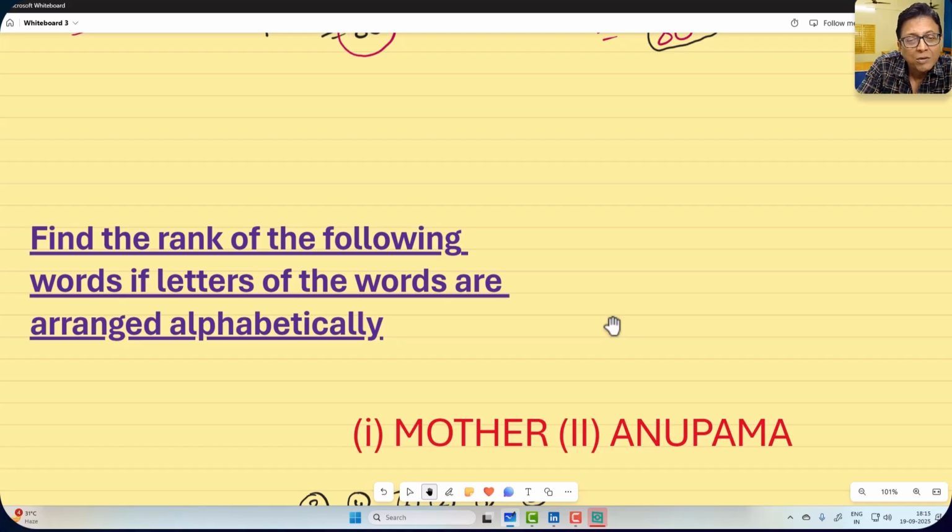But for the sake of mathematics, to get marks in the subject, if the letters of the word mother are arranged alphabetically, at which place will you find this word mother? 6, larger than previous 2, 4, 5, and this is the 6th one, and the last one the 7th one.